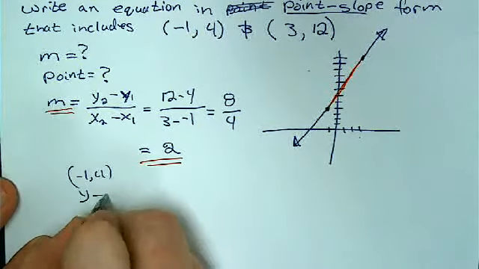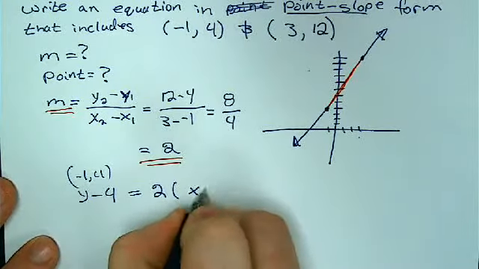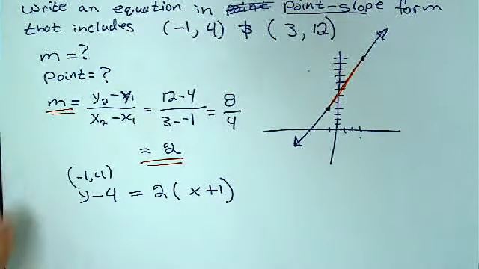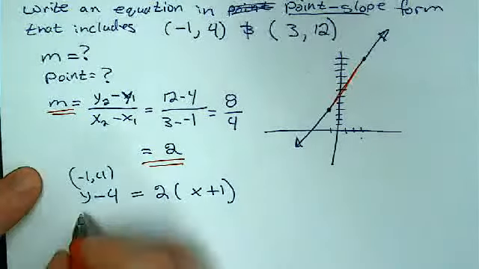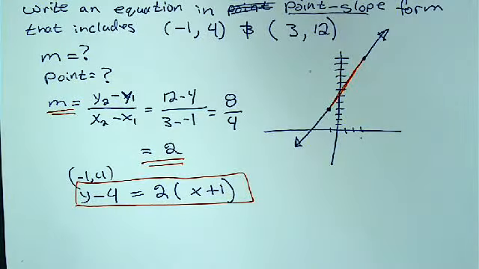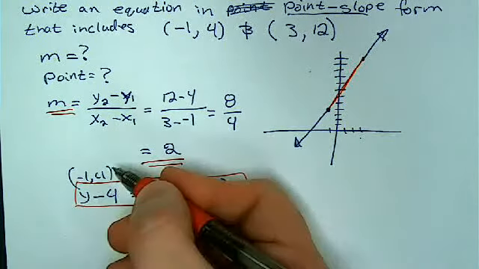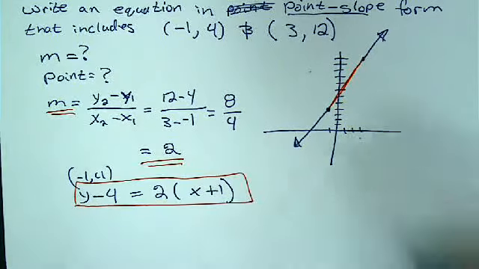So y minus 4 equals 2 times x plus 1. And there's my equation in point slope form that cuts through those 2 points. I'm just taking the x value, dropping it in, taking the y value, dropping it in, and I'm done.